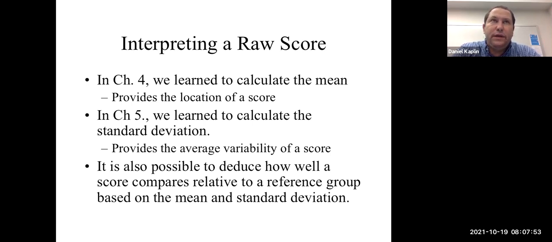So now, we know the mean, we know the standard deviation. How does this individual score compare to a reference group? Now, calculating a Z-score, you have to know the population mean and population standard deviation.